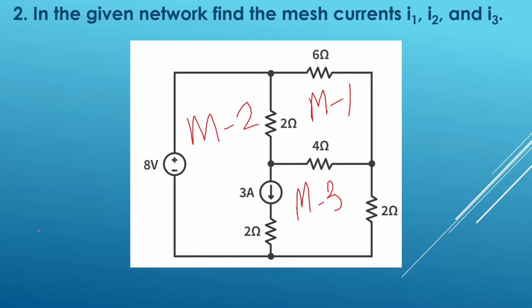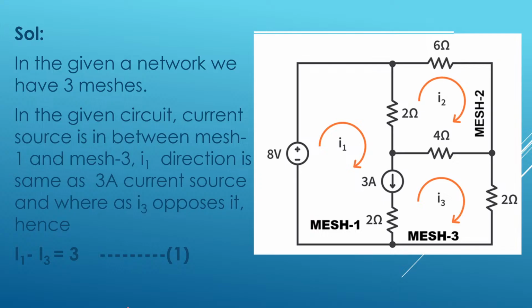Okay, so now let us solve this circuit. Based on the location of this current source, I have come to a conclusion that I have to implement supermesh analysis. So let us see how to implement it. I have considered this as mesh 1, this as mesh 2, and this as mesh 3.